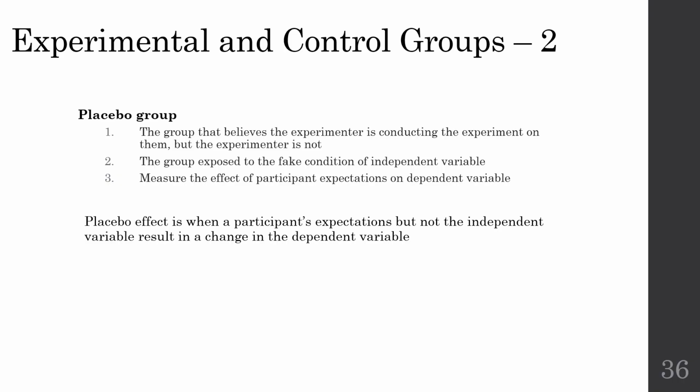And so that's really the idea of the placebo here, is that you see effects without the true manipulation, just from participants thinking that they are in the manipulation. And so sometimes this is really important to compare to the true manipulation to see if there really are differences from the actual manipulation that you're trying to measure. So placebo groups are also an important way of looking at this from a design standpoint.